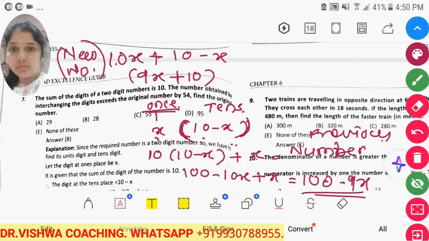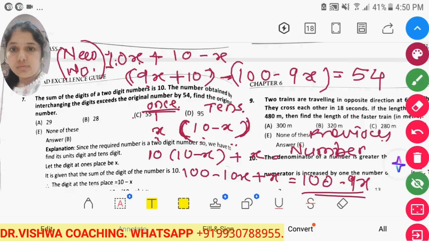Because x now goes to the tens place, we multiply it with 10, and the other digit is 10 minus x. So this is the new number. Now the difference between both numbers is 54.